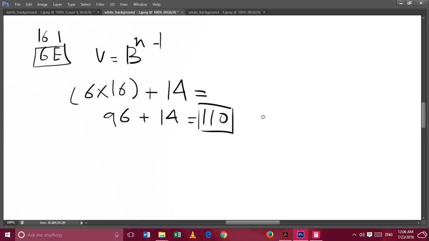Now, how do we do the opposite? Even though this is not in the sheet, I want to recap that very quickly. Can we convert 110 back to its hexadecimal notation? Yes, we can, just like we do in the binary conversion.